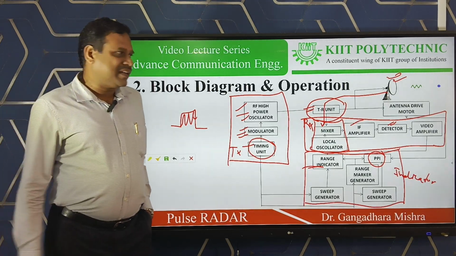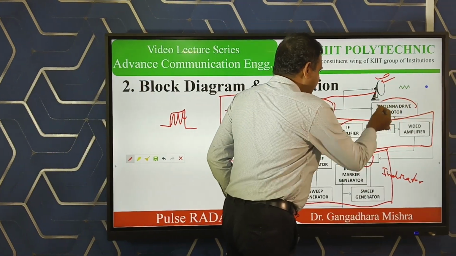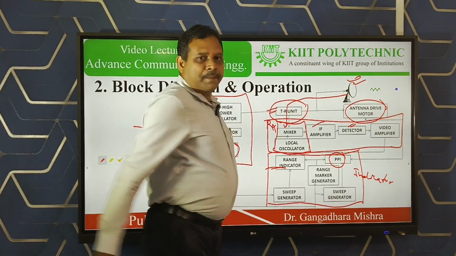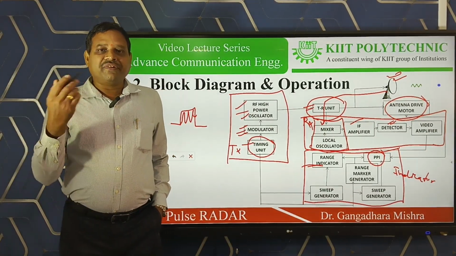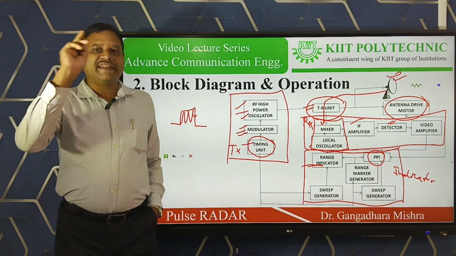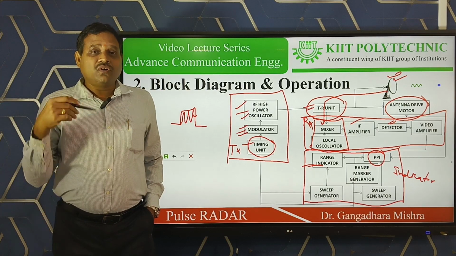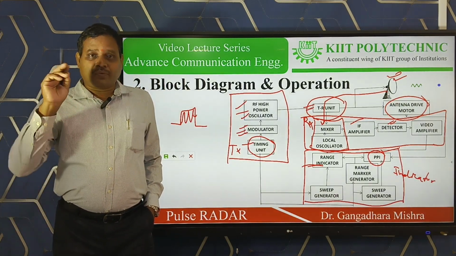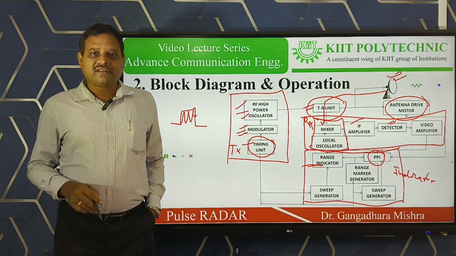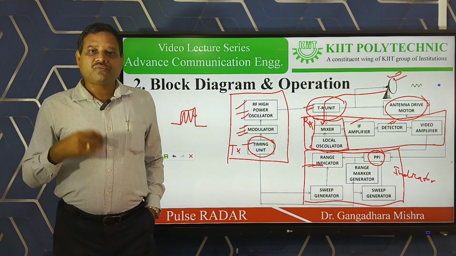Simultaneously, here one more block is left, that is the antenna drive motor. Basically, in the case of a pulse radar, we need to rotate the antenna 360 degrees clockwise or anti-clockwise. To do this operation, we need a drive motor. At which speed the antenna is rotating, we don't know. At which speed my sweep is rotating, we don't know.